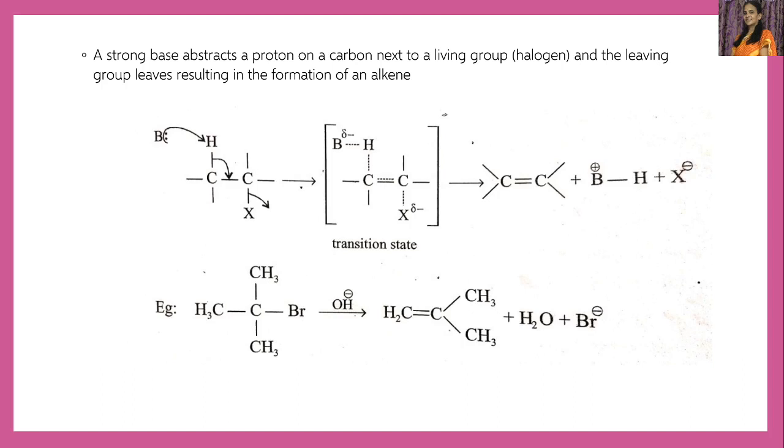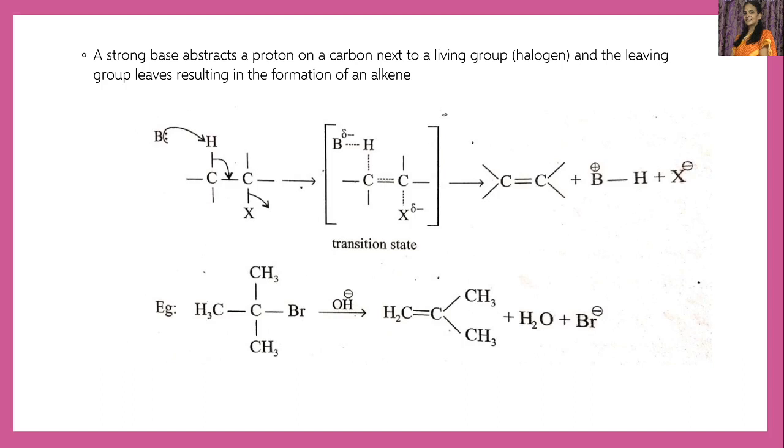this is tertiary butyl bromide in the presence of a strong base. What happens? Bromine goes along with the pair of electrons in the form of Br minus, and this OH abstracts hydrogen from the adjacent carbon. All the three carbons are adjacent. From any carbon, hydrogen can be abstracted by the base. Then we will get this compound. So if this abstracts a hydrogen from this or this or this, we get the same product.